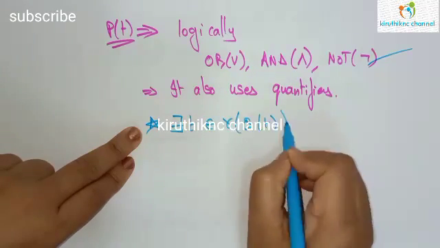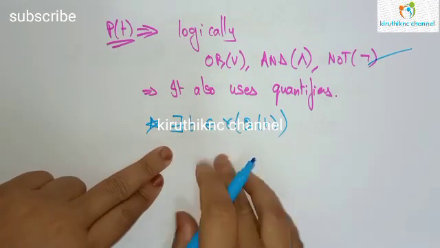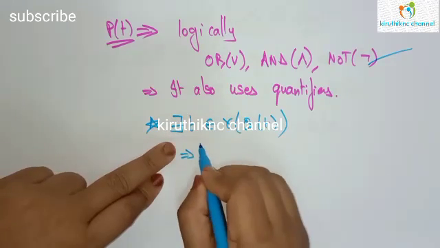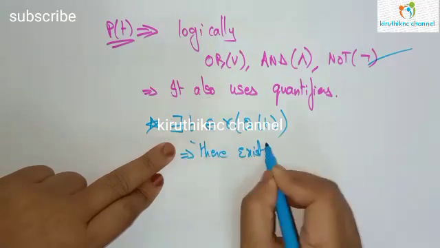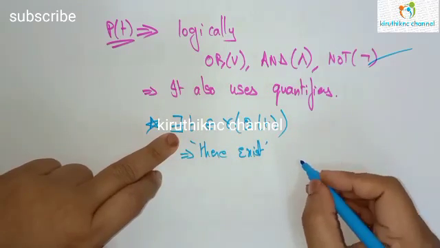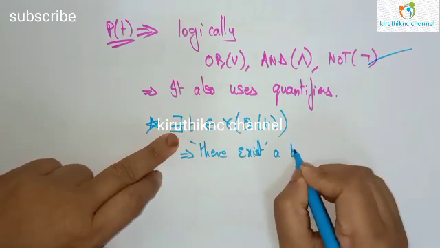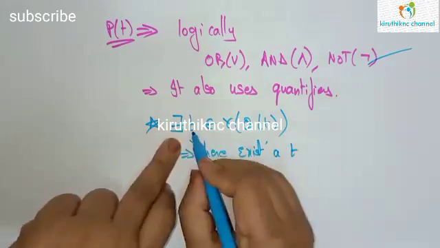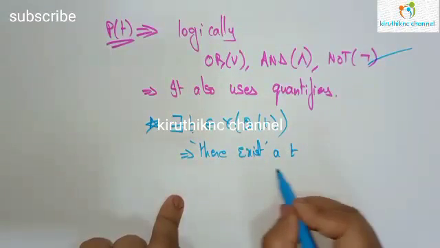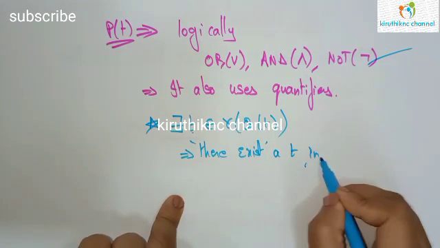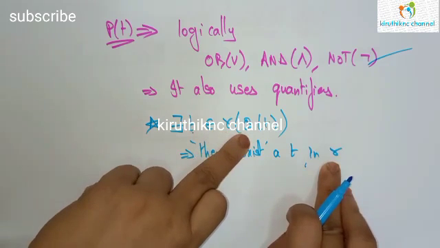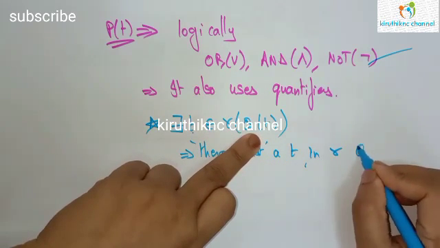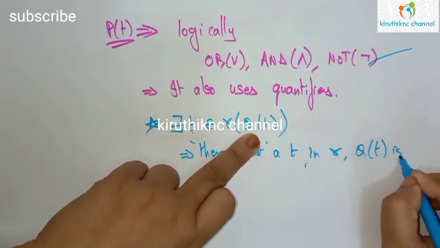This is simply an example. What does it mean? There exists a tuple T in relation R, that means T belongs to R, such that Q(T) is true.